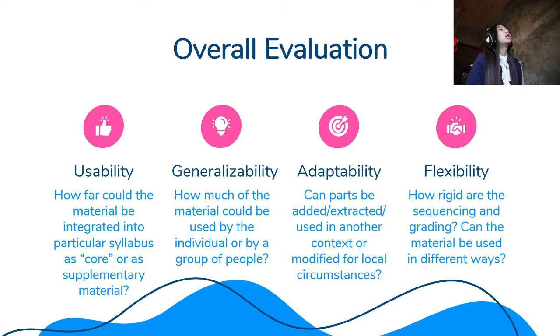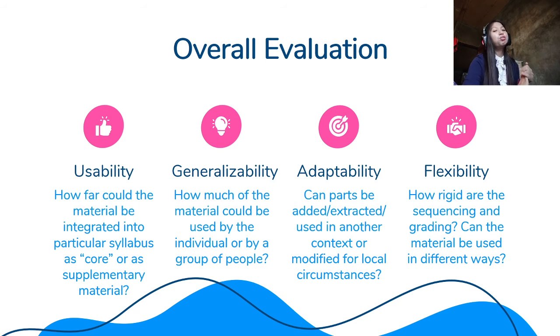Third indicator, adaptability, should answer this: can parts be added? Can parts be extracted or used in another context or modified for local circumstances? So I think this talks about how the material can be edited, or is the material customizable.